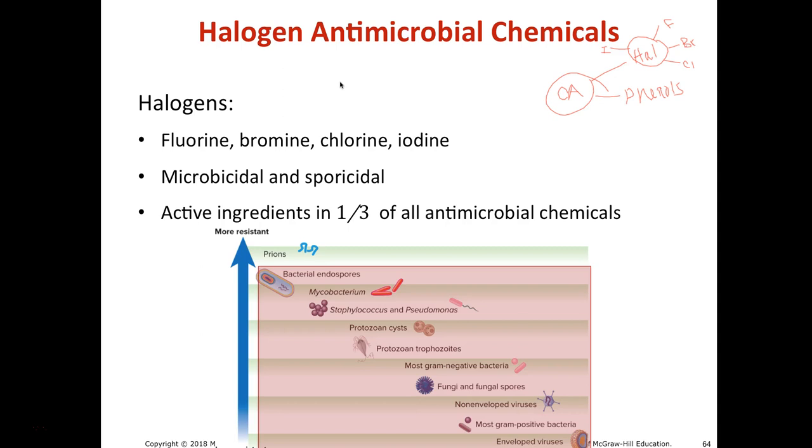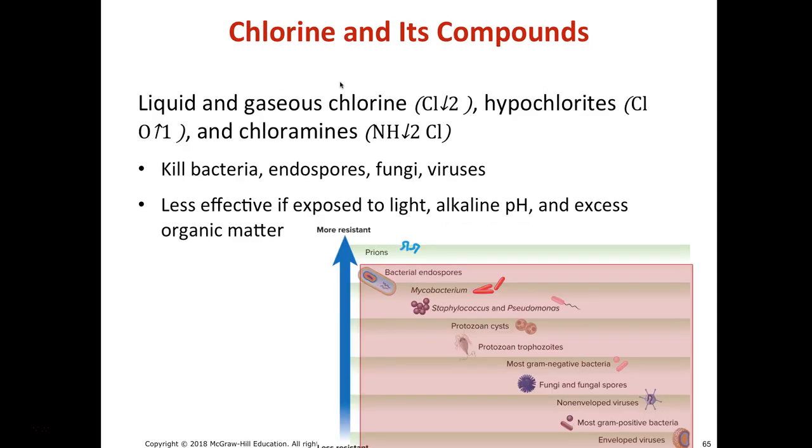We have fluorine and bromine, but we are not going to discuss them in detail. Instead, we're going to focus on chlorine and iodine. These are such great chemical agents that they are used as active ingredients in about 1/3 of all of our antimicrobial chemicals. So first we'll discuss chlorine.